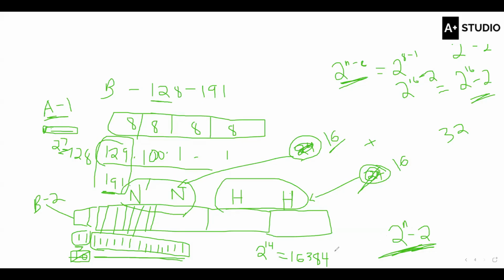So let's take the host ID for the Class B network. It becomes 2 to the power 16, which gives us 65,536, minus 2, which gives us 65,534.